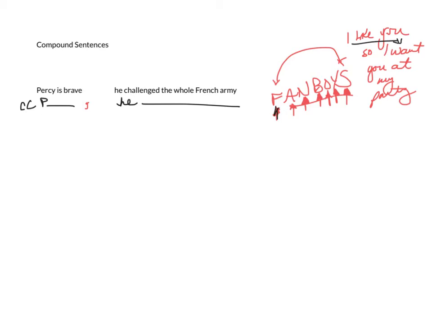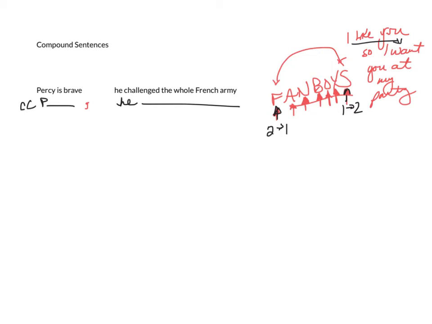But for is actually the other way around. I want you at my party for I like you. So in so, you're saying that the first idea leads to the second. In for, you're saying that the second idea leads to the first. But they're both cause and effect words. So we have to pick which word goes together.